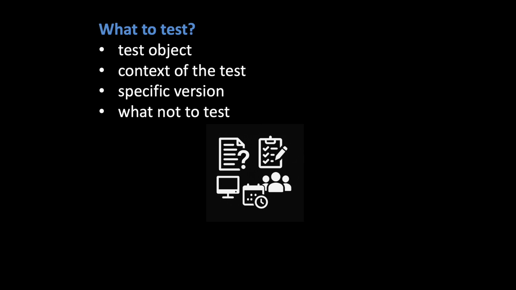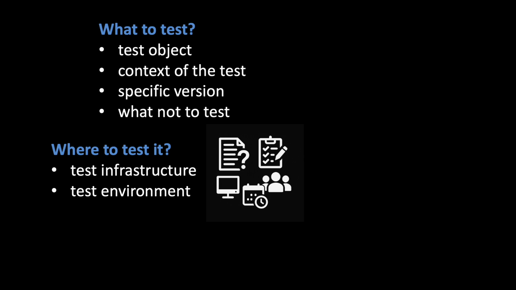Also, you need to know the specific version of the test object or the variant so that you can consider this for the planning process. And at the same time, it's also important to outline what not to test. So those are the thoughts you have to make about what is in scope and out of scope.